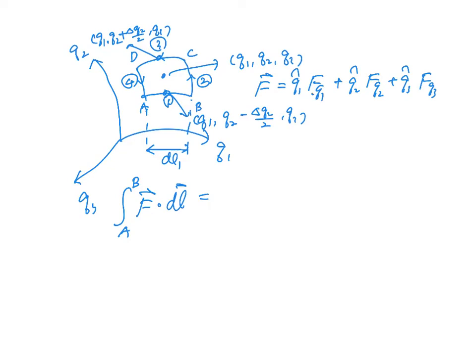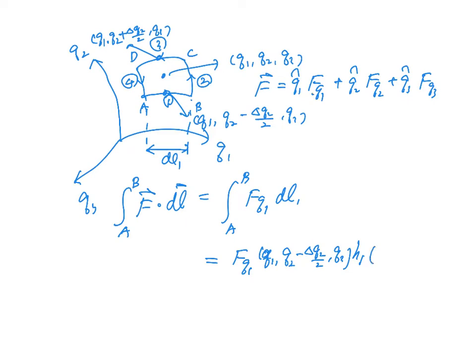So the integral of f dot dl from A to B is simply f_q1 dl1, and using the mean value theorem we can calculate f_q1 evaluated at q1, q2 minus delta q2 over 2, q3 times h1.